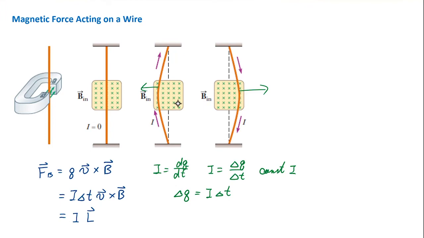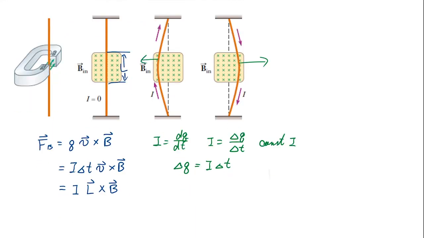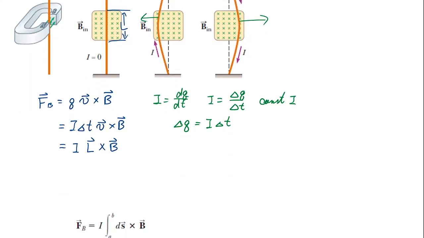L being whatever's inside, whatever's exposed inside the magnetic field, right? But still with the direction, so this direction is the direction of the current, cross product with B. You get it? Say yes. Okay.